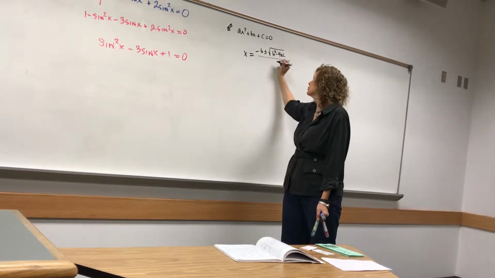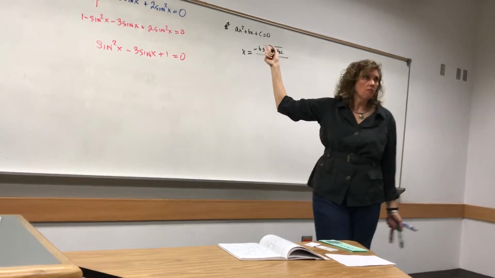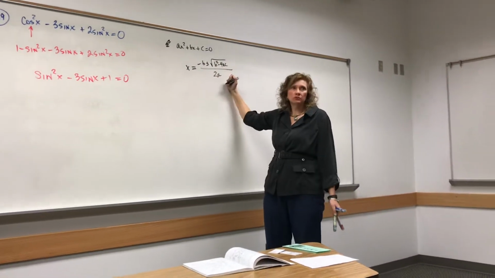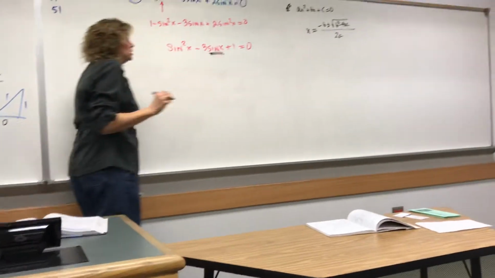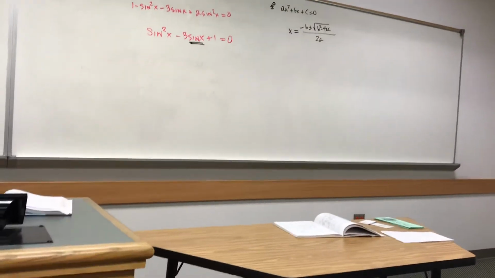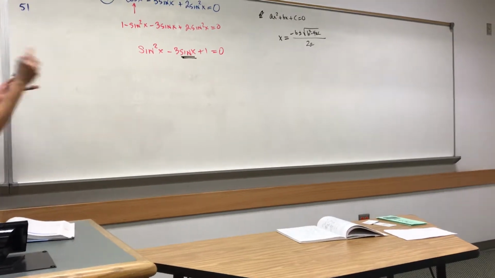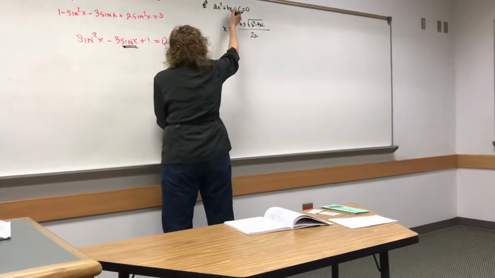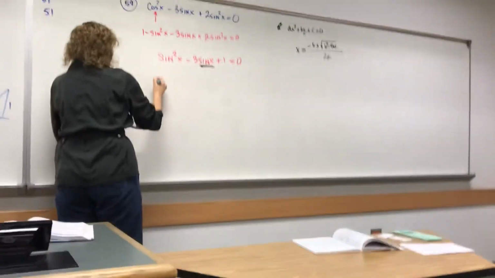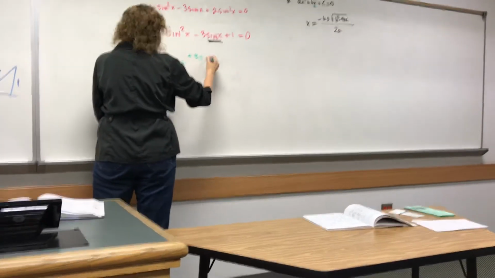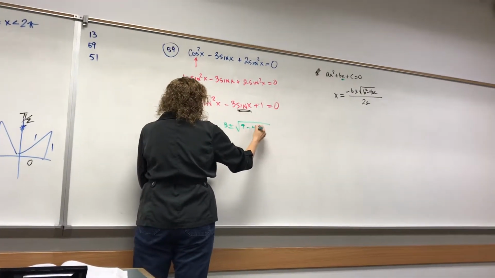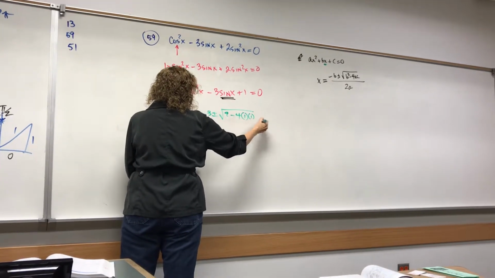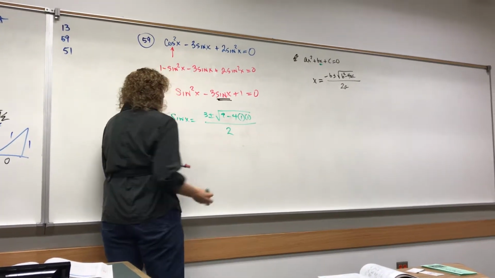Math is not about memorizing formulas except the quadratic formula. So how is it impacted by our trigonometric quadratic-in-form equation? It's no longer x equals, it's sine x equals negative b plus or minus the square root of b squared minus 4 times a times c, all over 2a.